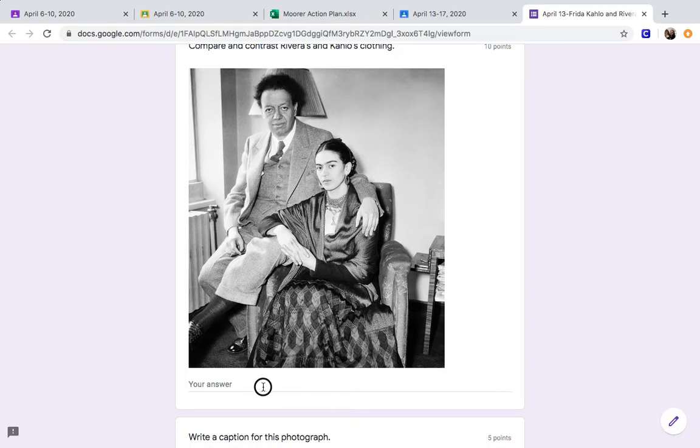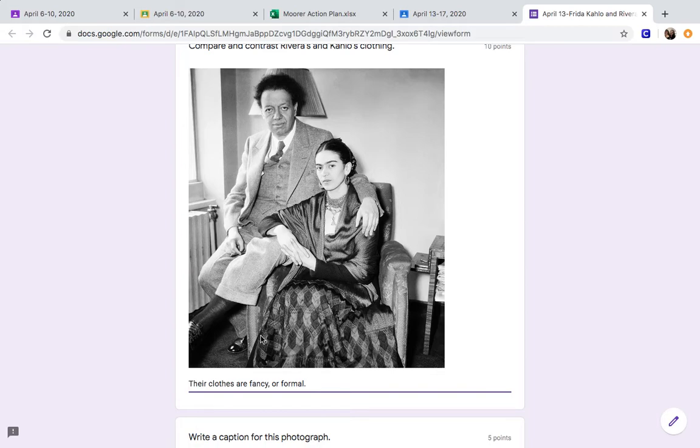So that's my comparison. You could also say something like, their clothes are not something that I would wear around the house, or their clothes are something that I would wear to a nice event.